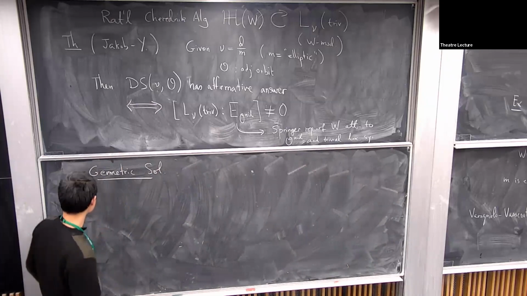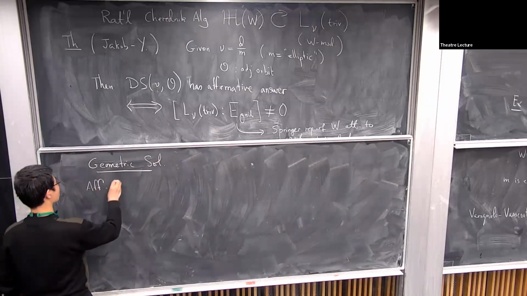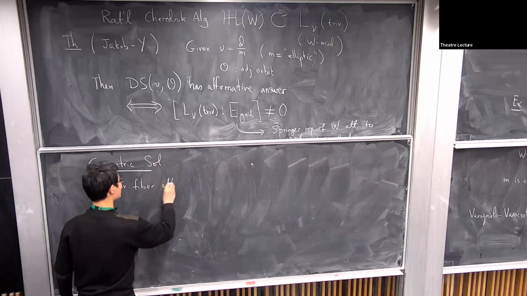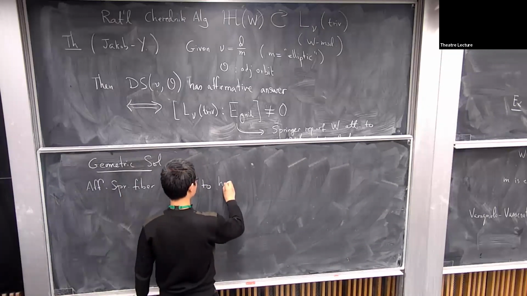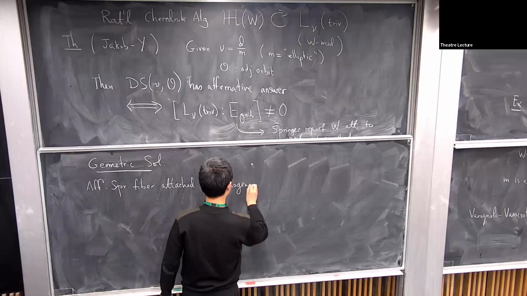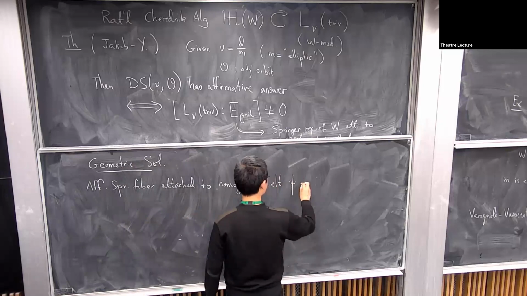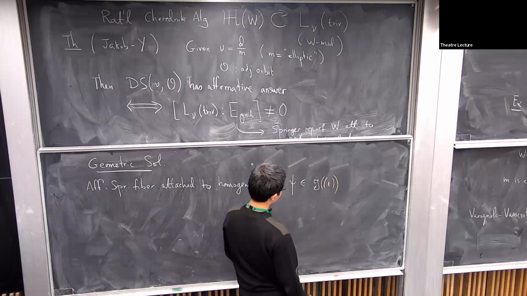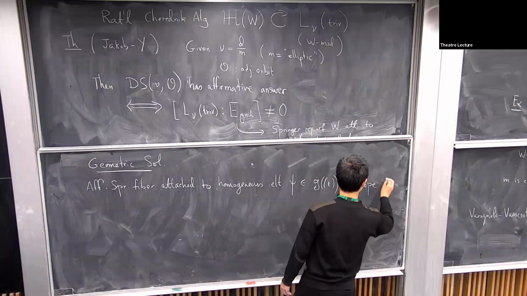So it uses the notion of affine Springer fibers attached to homogeneous elements psi in the loop group with the algebra of slope, same slope.